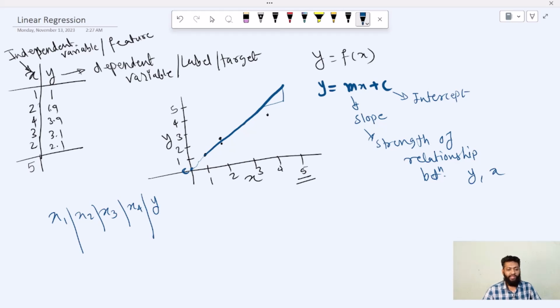At that time this equation can be modified as y is equal to m1 x1 plus m2 x2 plus m3 x3 plus m4 x4 plus c, where m1, m2, m3 and m4 are called slope coefficients and c is the intercept.